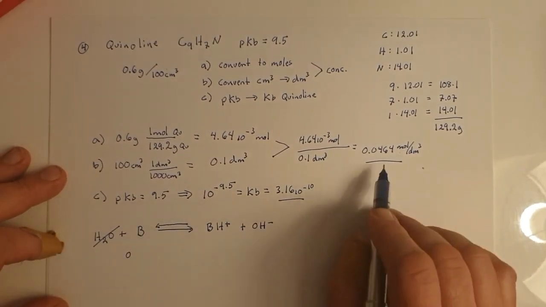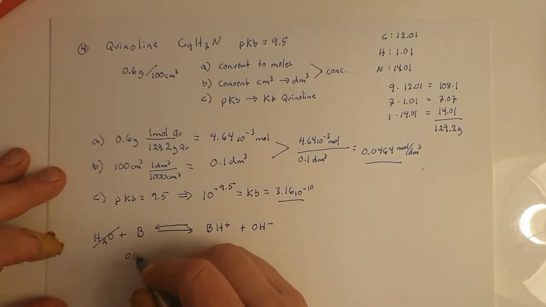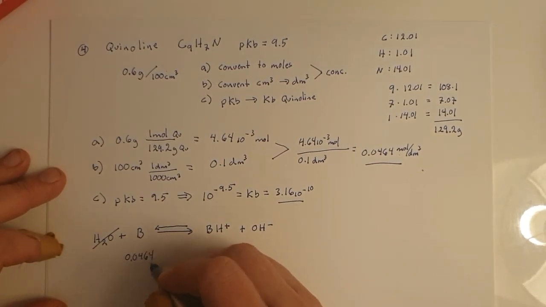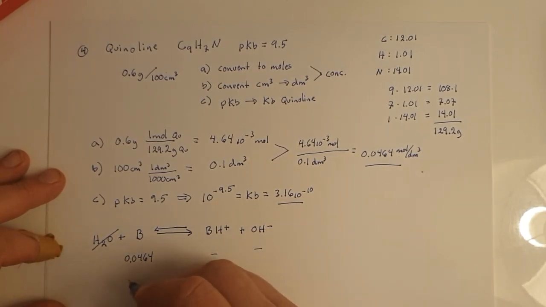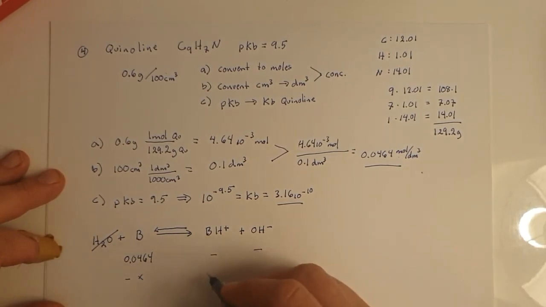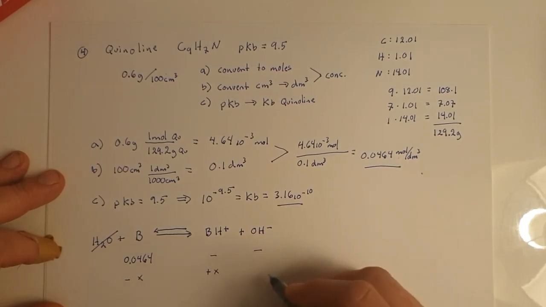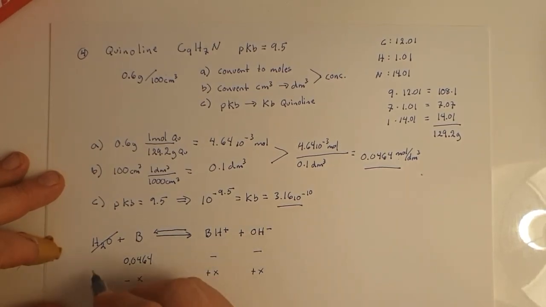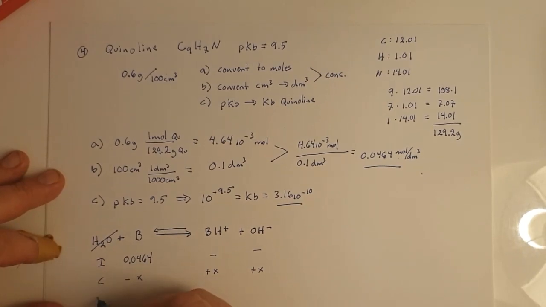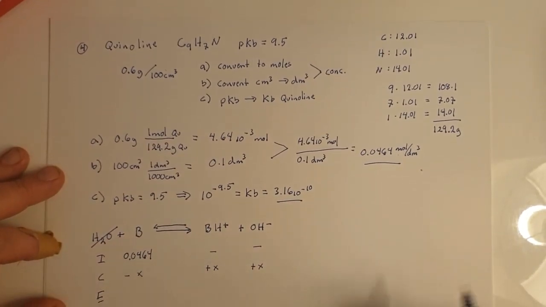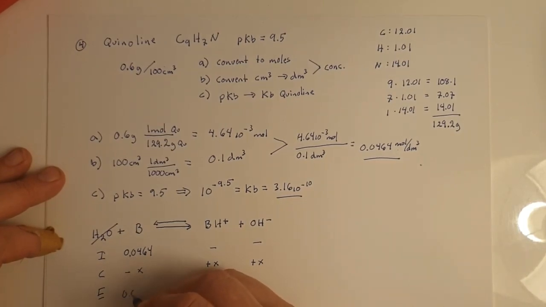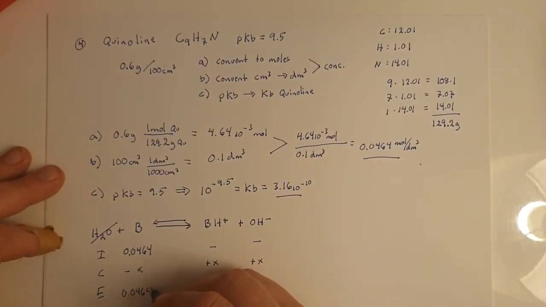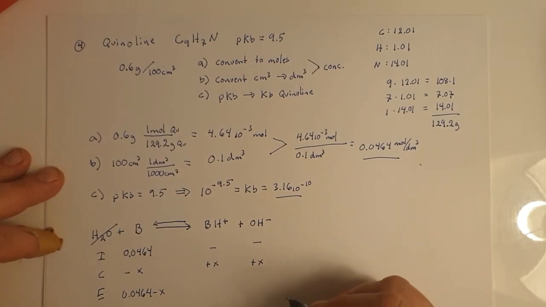So we already figured this out, 0.0464, and this we don't know, and this is going to decrease by x, this is going to increase by x, and this increases by x, all according to the logic of the ICE box. So it's 0.0464 minus x, x, and x.